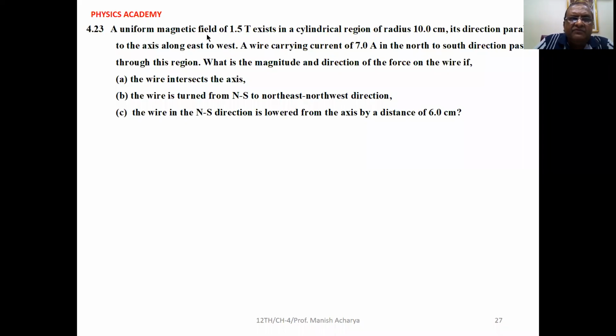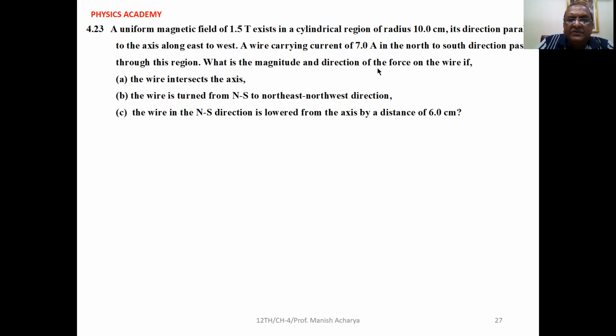4.23. A uniform magnetic field of 1.5 Tesla exists in a cylindrical region of radius 10 centimeter. Its direction is parallel to the axis, along east to west. A wire carrying a current of 7 ampere in the north to south direction passes through this region.